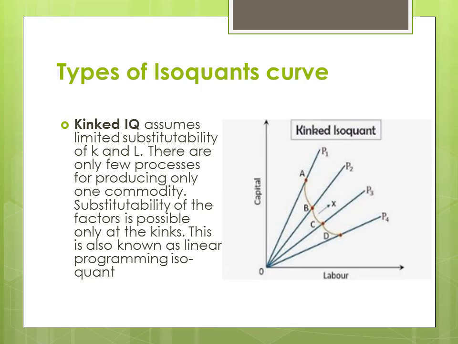By joining these points, we get a kinked isoquant.